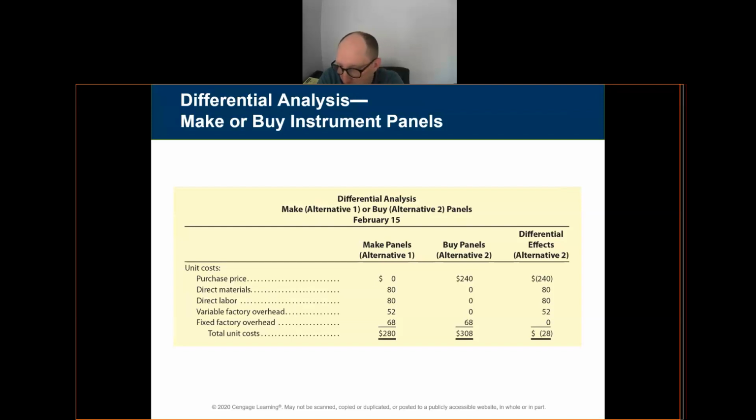The fixed factory overhead is still $68. That part doesn't change. I still have to pay that, whether I decide to make it or buy it. So that means my total purchase price per unit is $308. So, who wants to answer the question? Do we make it or do we buy it, and why?